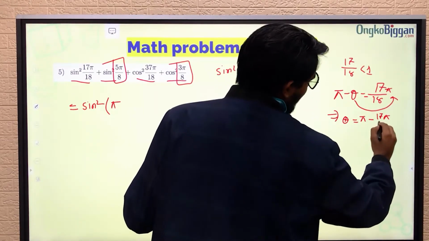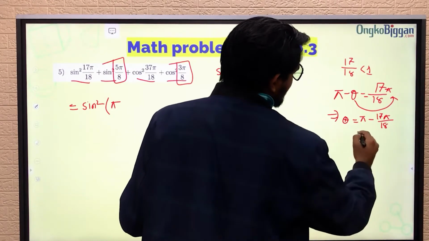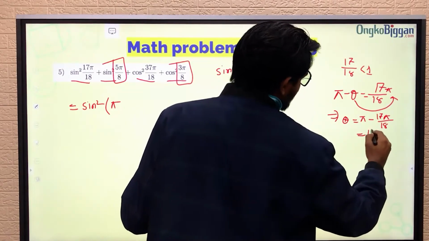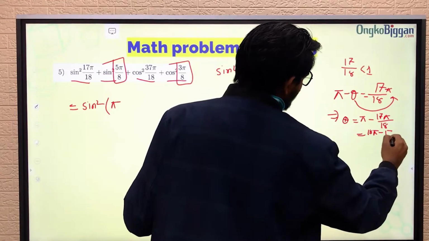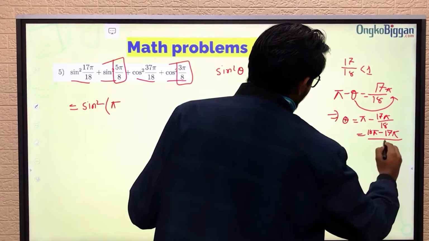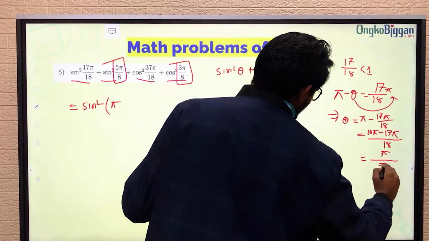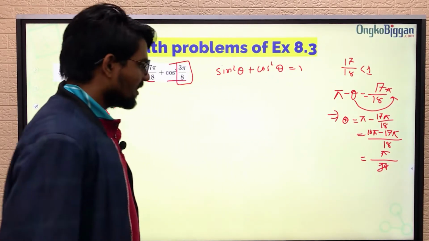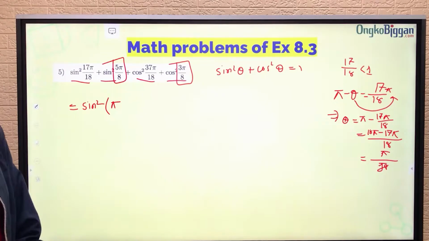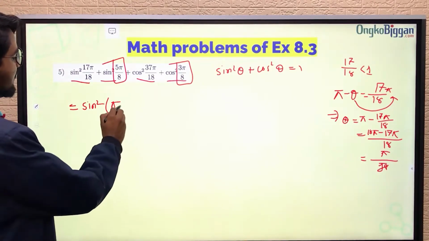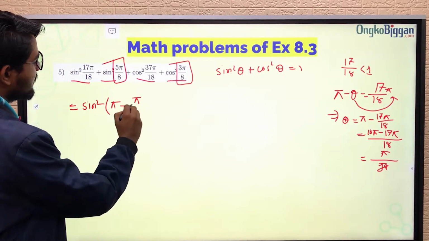I don't forget to write the 18. So we get 18π minus 17π by 18, and I get π/18. So this is the value of θ, and I can write it here directly as π/18.